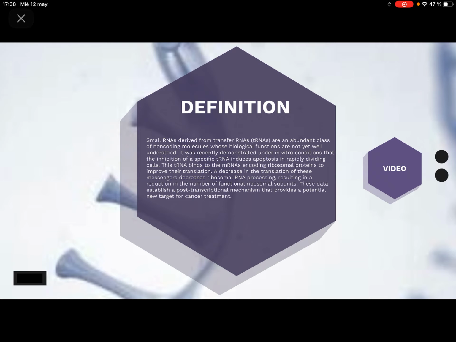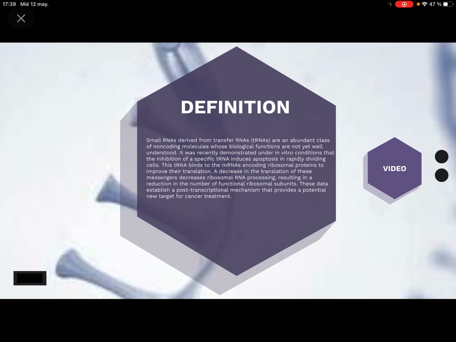Definition: Small RNAs derived from transfer RNAs are an abundant class of non-coding molecules whose biological functions are not yet well understood. It was recently demonstrated under in vitro conditions that the inhibition of a specific tRNA induces apoptosis in rapidly dividing cells.